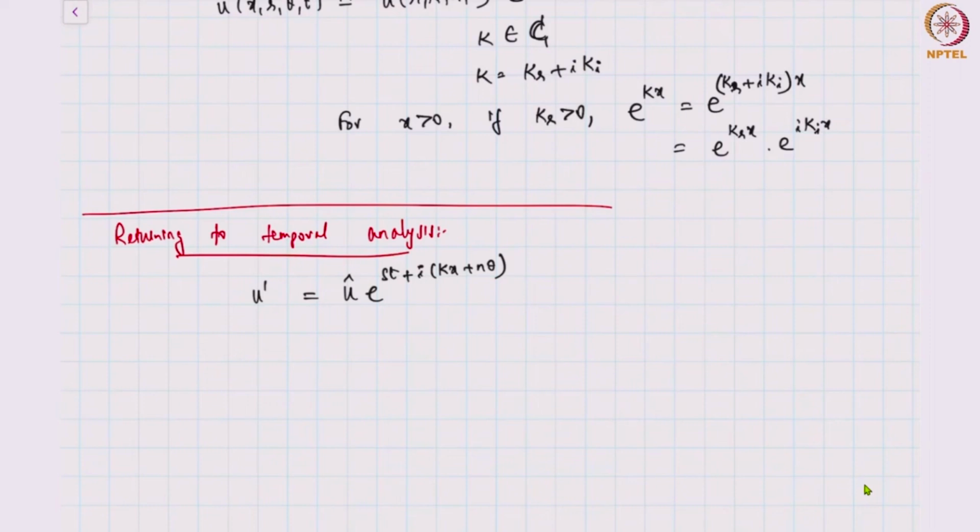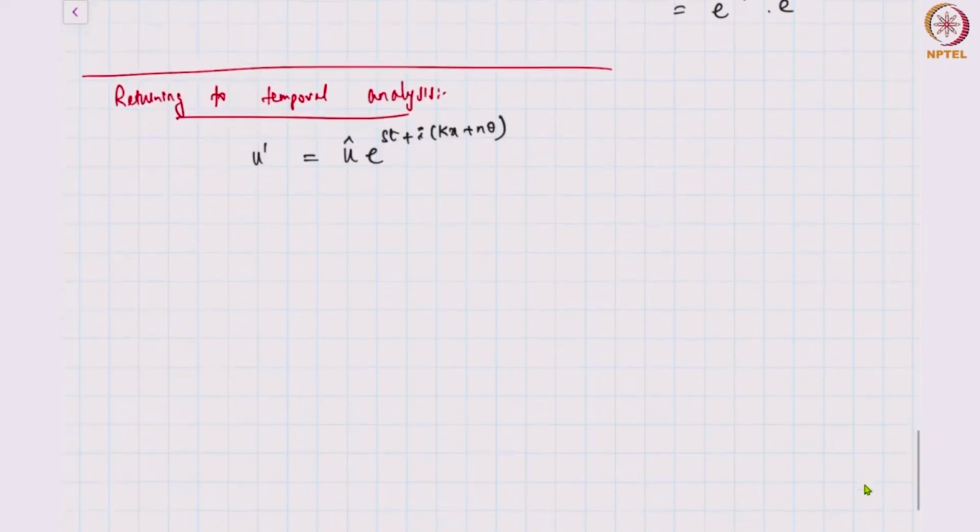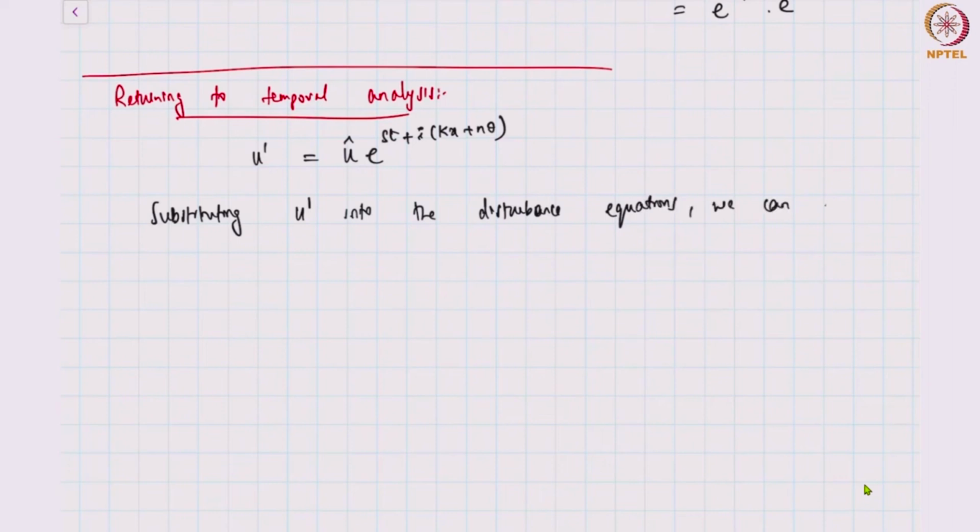Now, if we substitute this form of u prime into the disturbance equations, and use the boundary conditions, we can obtain an eigenvalue problem.